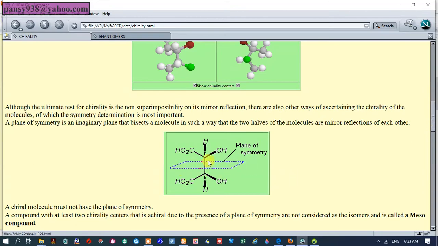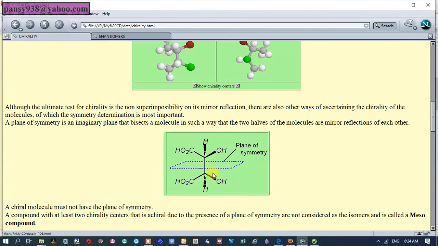As you can see in this picture, the upper portion of the molecule is a mirror image of the lower portion, and an imaginary cutting at the middle shows that they are both mirror images of each other.